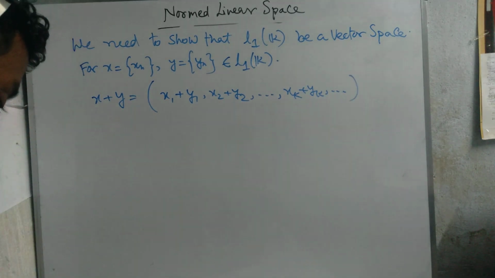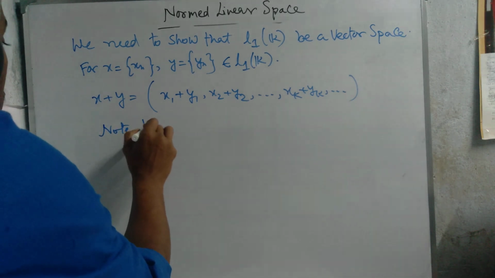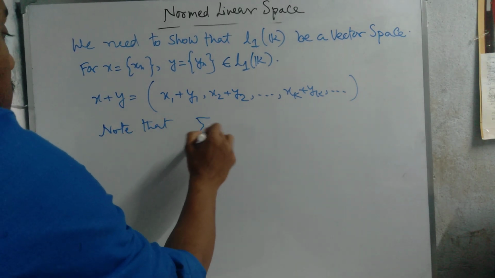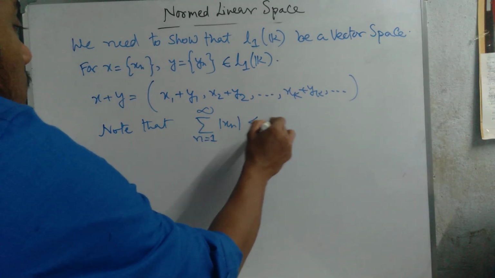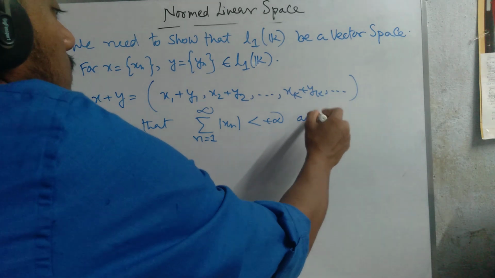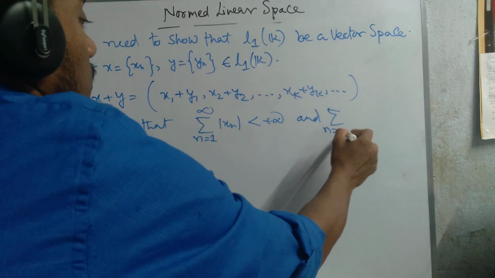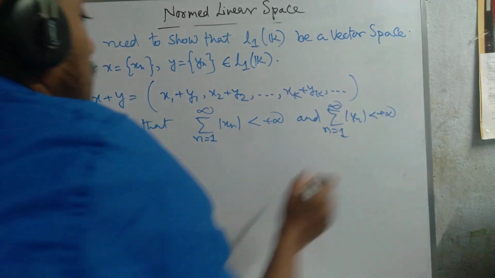Note that summation n equal to 1 to infinity mod of xn is less than plus infinity, and summation n equal to 1 to infinity mod of yn is less than plus infinity.